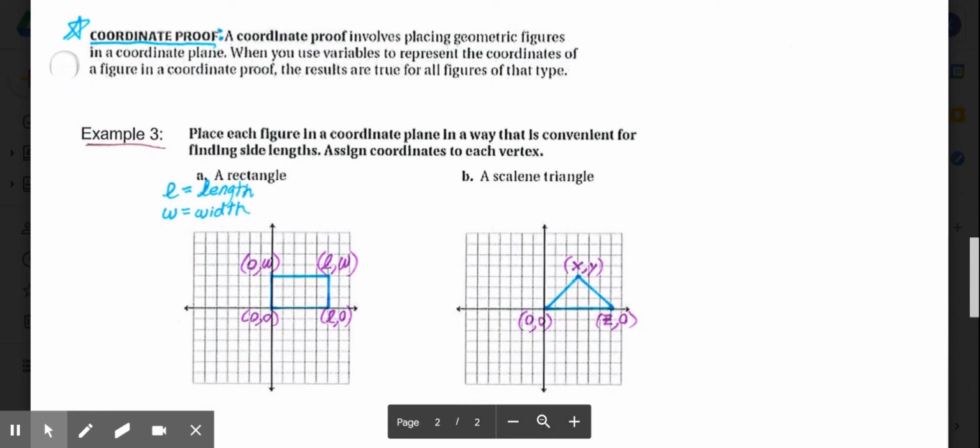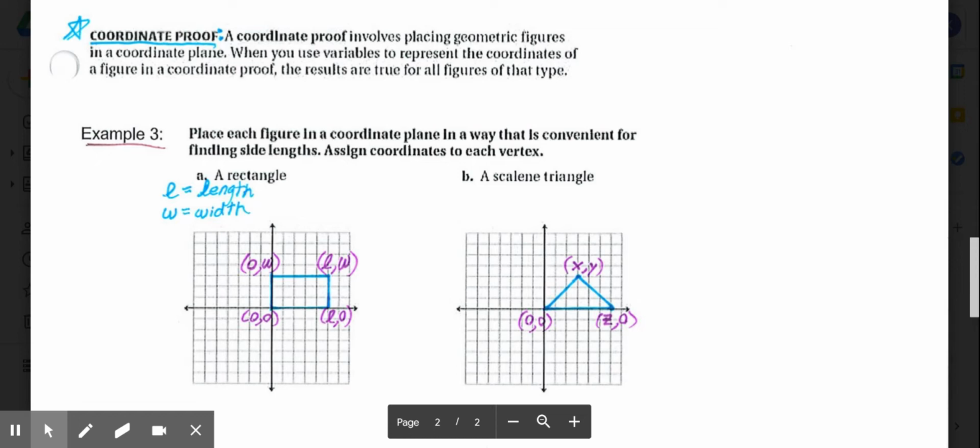And then we get into the second part of our lesson title today, the idea of coordinate proofs. A coordinate proof involves placing figures on a coordinate plane, so plotting or graphing them. And when you use variables to represent the coordinates of a figure in a coordinate proof, the results are true for all figures of that type.